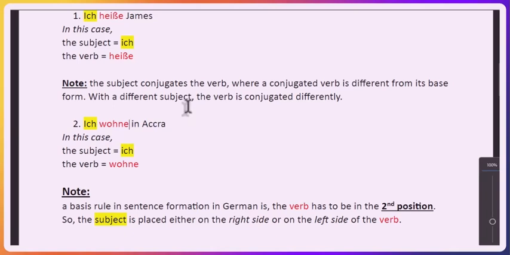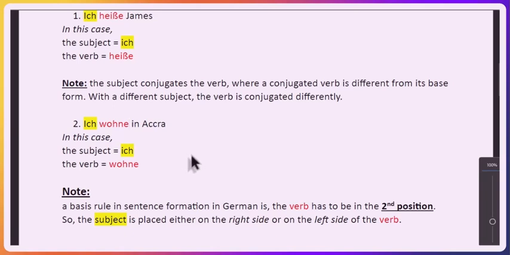Okay, let's check this example also. In my notes, what I'm trying to say is that a basic rule in sentence formation in German is that the verb always takes the second position. Always, and by always I mean all the time.